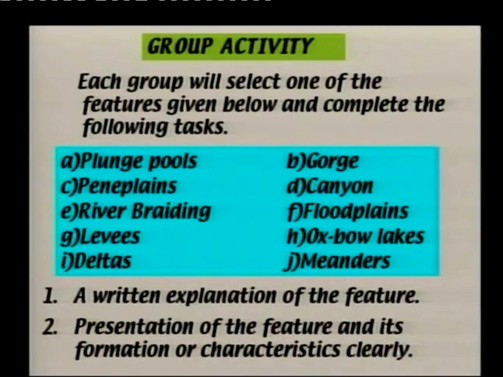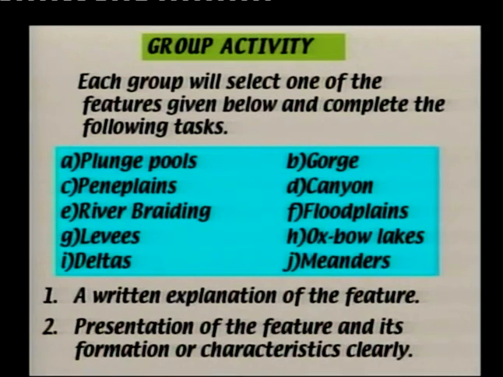Okay, having given you that task, we are now going to organize ourselves so that you are put into your groups, and then you will have to select one of those features. Are we happy with where we are sitting for our groups? Yes? Okay.